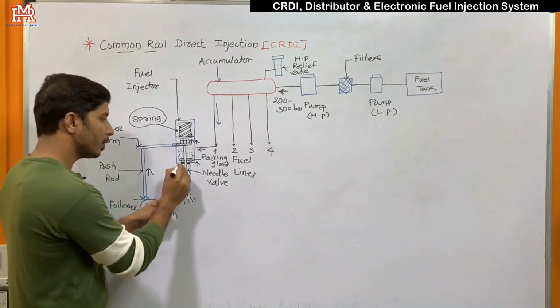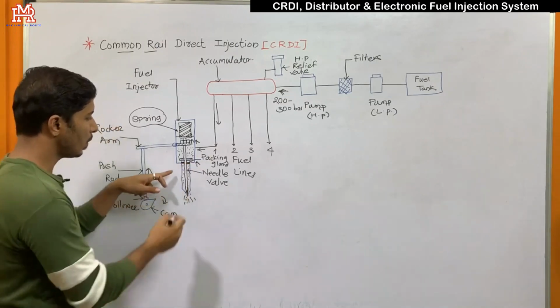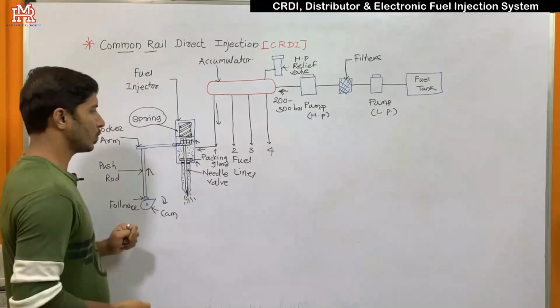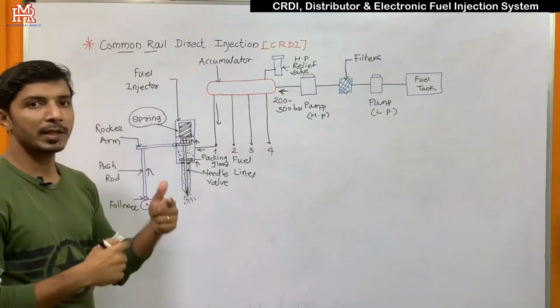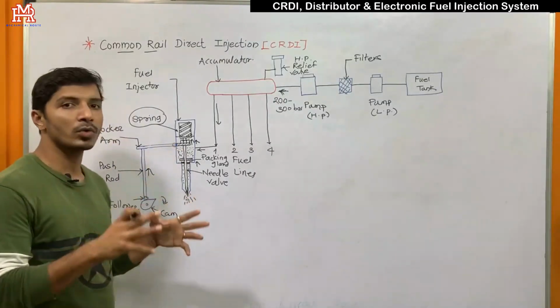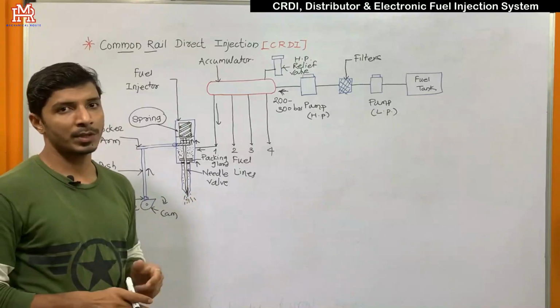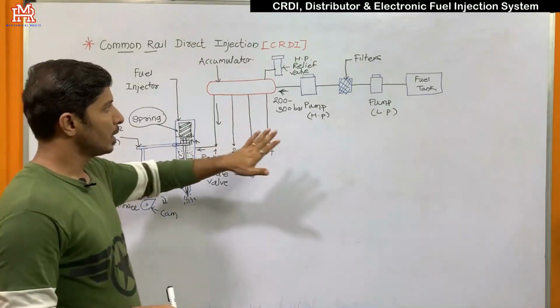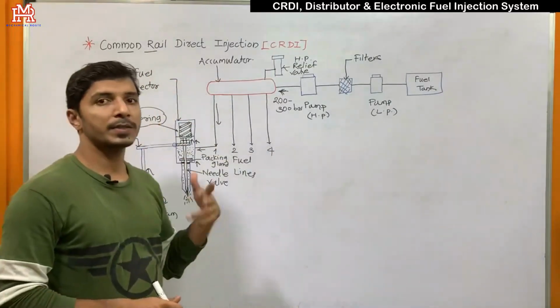Again, with the help of this packing gland, the seal will be provided here also, so some part of the fuel will be retained here. As the cycle continues, continuous opening and closing movements take place, and the fuel will be spread in the combustion chamber. So this is the construction and working of this common rail direct injection system.